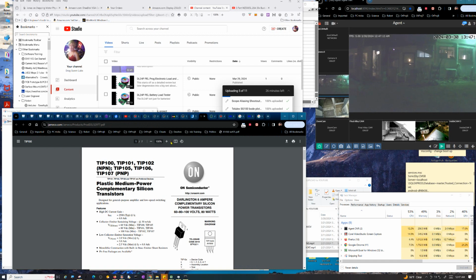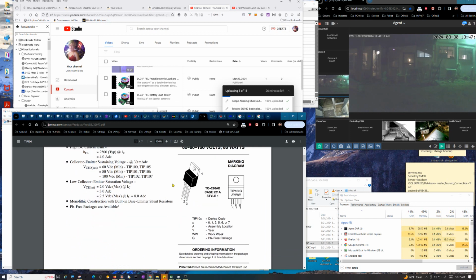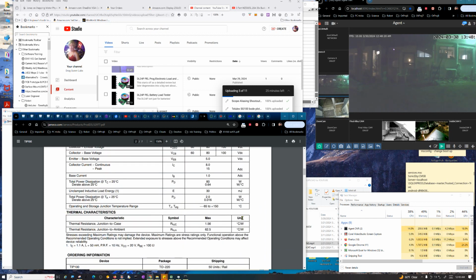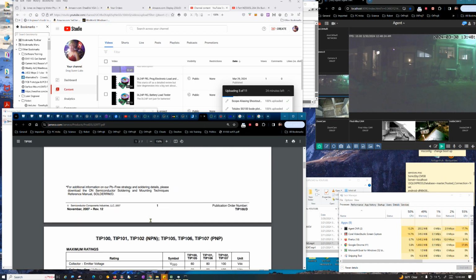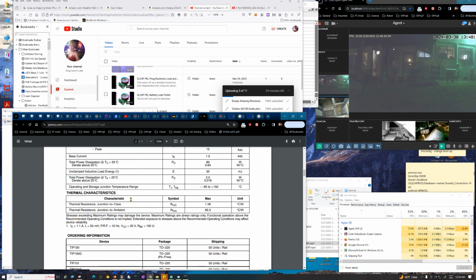Let me look this over so I don't waste your time. This transistor has some thermal specifications like operating, storage and junction temperature.